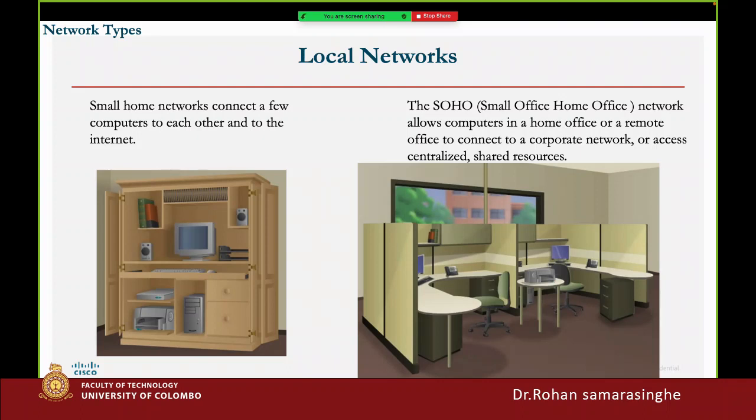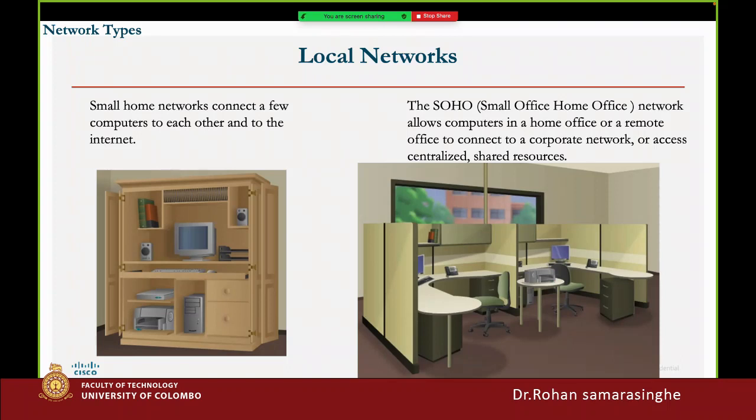A small home network connects a few computers and other devices to the Internet. And if you have two or three computers at your home, you can also use network printing.